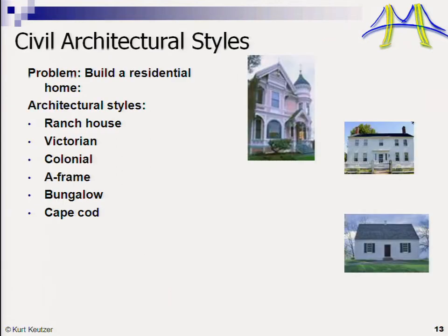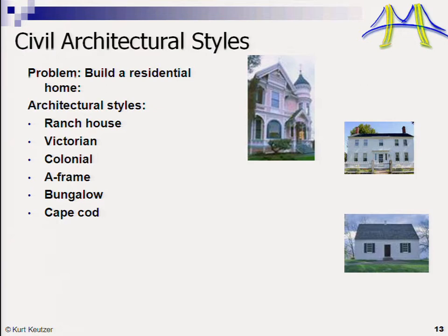If I were to go back to the analogy, this is like someone wanting us to build a residential house. Let's look at their requirements and see, is it something pretty simple like a Cape Cod? Is it more like a bungalow? Is it something a little more exotic, where the details are much more important, like Victorian and so forth?